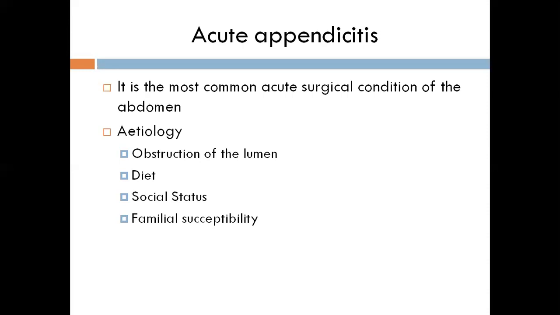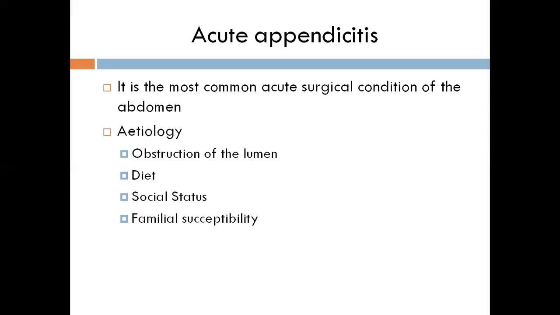When there is hyperplasia of submucosal lymphoid follicle, then obstruction is caused and that causes appendicitis. Some other factors are also there, like intestinal worms that can also cause obstruction, like roundworm, threadworm. Some fruits, seeds, they can also cause obstruction.